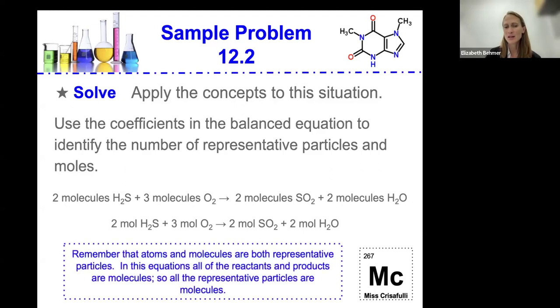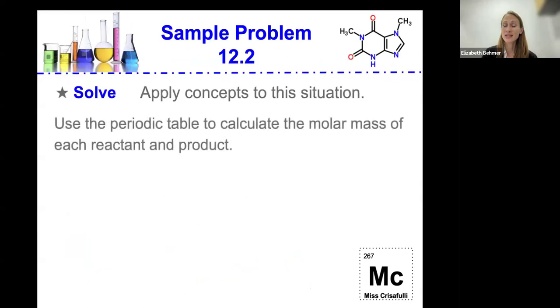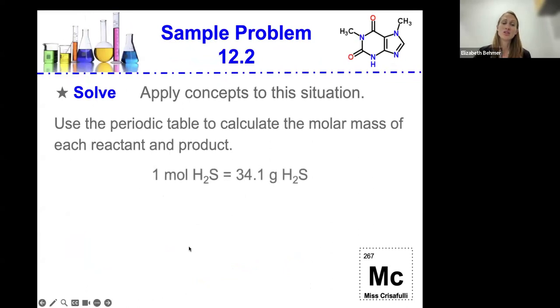Remember that atoms and molecules are both representative particles, and in this equation, all of the reactants and products are molecules, so all of the representative particles are molecules as well. Now we'll use the periodic table to calculate the molar mass of each reactant and product. 1 mole of H2S will add up to the hydrogens' atomic mass plus the sulfur atomic mass.